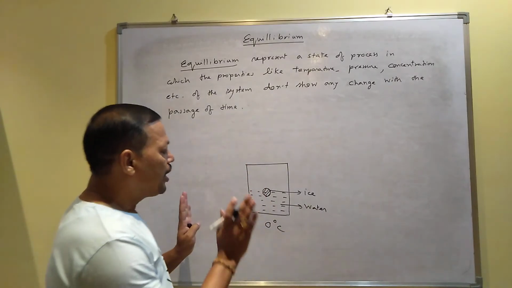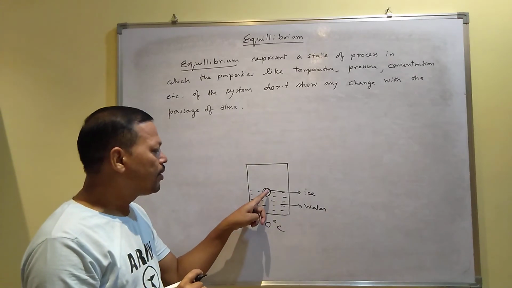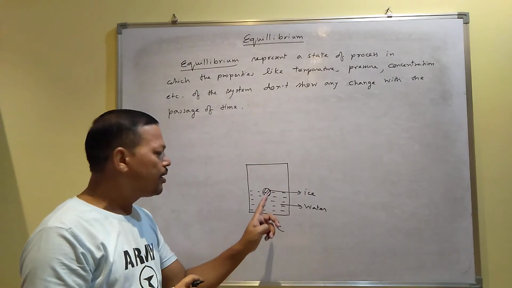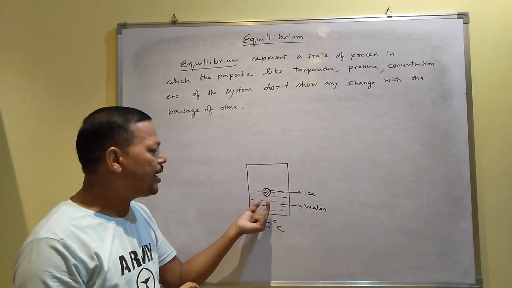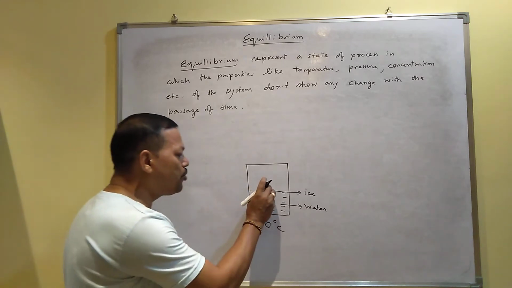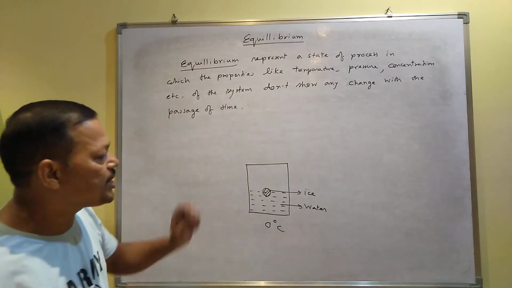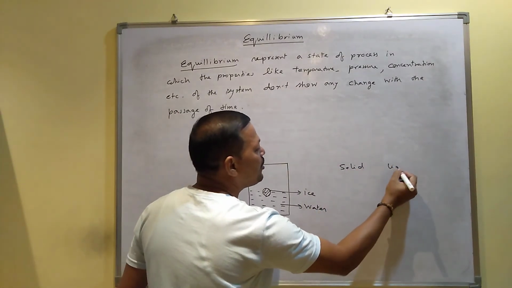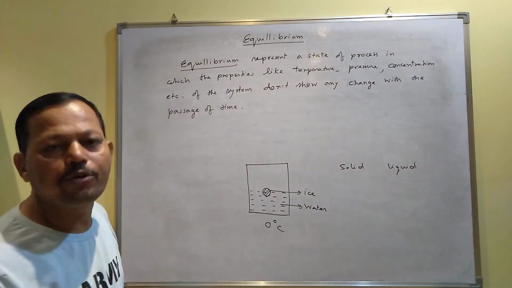I mean, the ice will melt, similarly the water will solidify, and the amount of solidification and melting will remain the same, and that is why the amount of ice and water remain the same. This is called the equilibrium state between the solid and the liquid, and this type of equilibrium is called solid-liquid equilibrium.